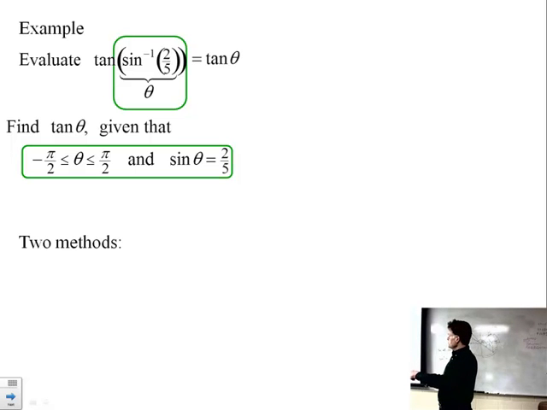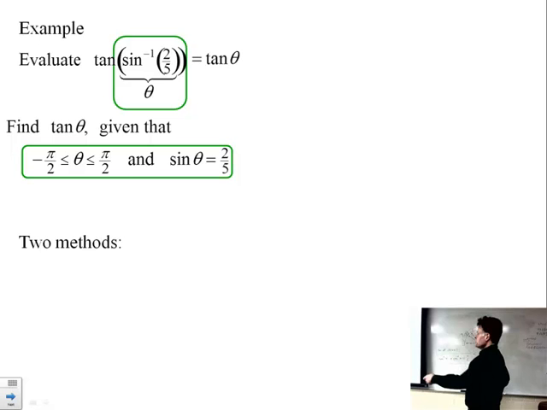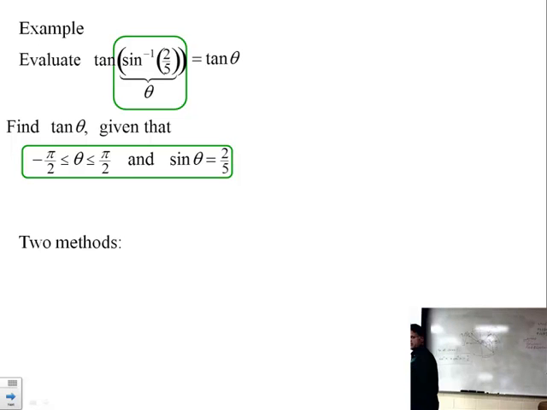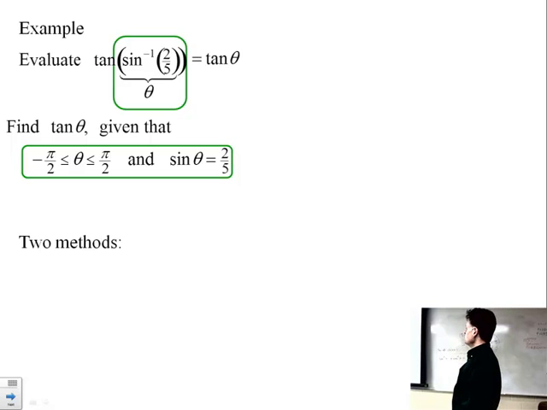But we also know that its sine is equal to 2/5 because it's the sine inverse. So now we know how to solve this from yesterday. The sine is positive, so what quadrant does it have to be in? Quadrant 1. Right, sine is negative in quadrant 4.